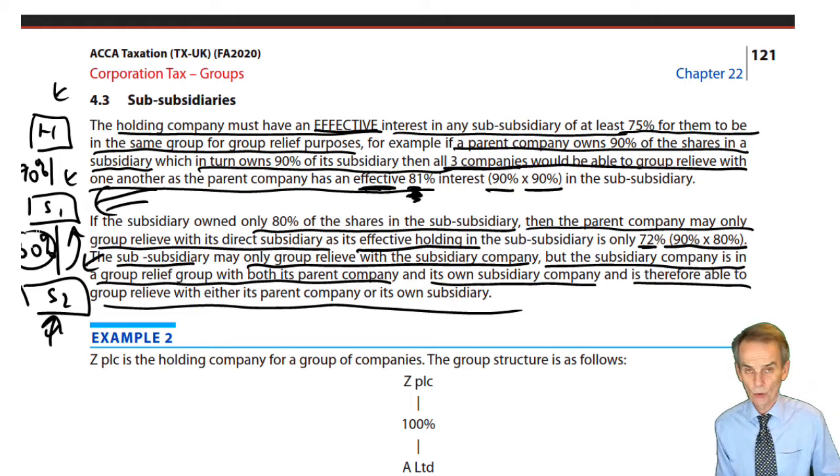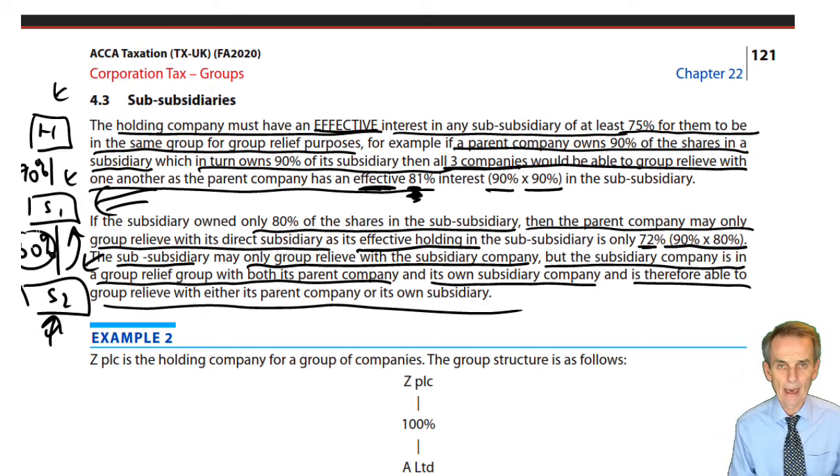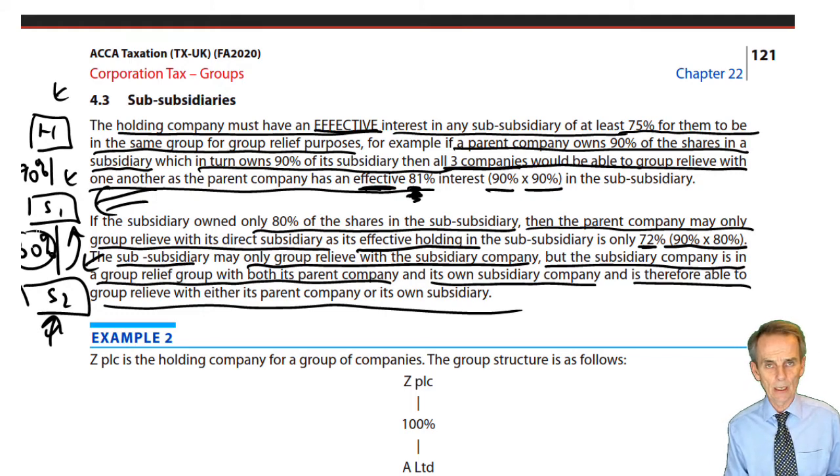H and S2 could not group relieve with one another. So when you've got indirect subs, if it's not given in diagram form within the question, but it's just in narrative form, then quickly draw a little picture in your notes, as we've done there, of what that group structure is, to be able to identify who is able to group relieve with whom.